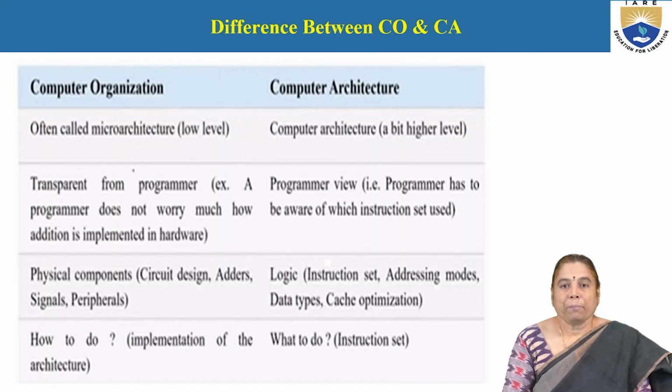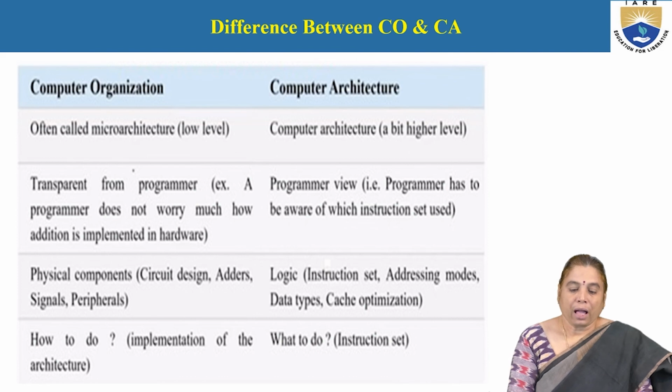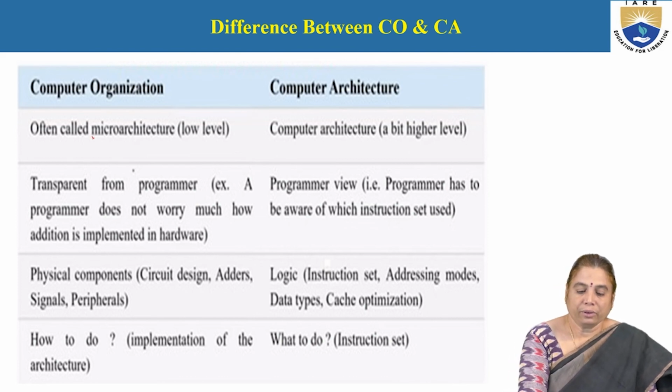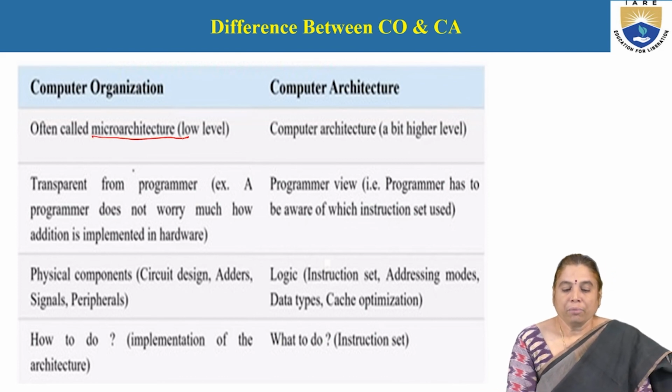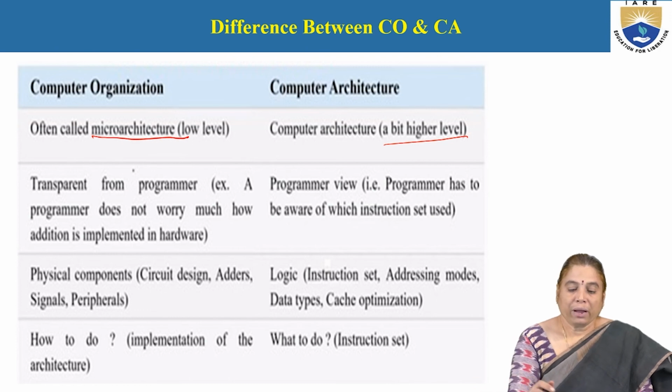So we have to compare the computer organization and architecture. The organization is generally treated at the micro level or low level. Computer architecture is somewhat high level, it is the user perspective, but organization is the machine perspective. It is transparent from the programmer, the organization.